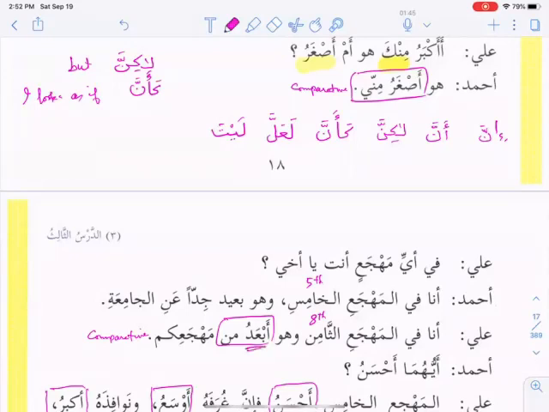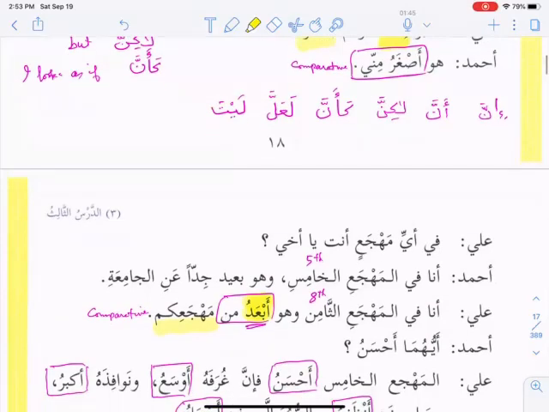See, immediately Dr. Abdurrahim is using abadu, means further away, min mahja'ikum, from your dormitory. I am living in Mahja' Samini, and it is further away from your dormitory.